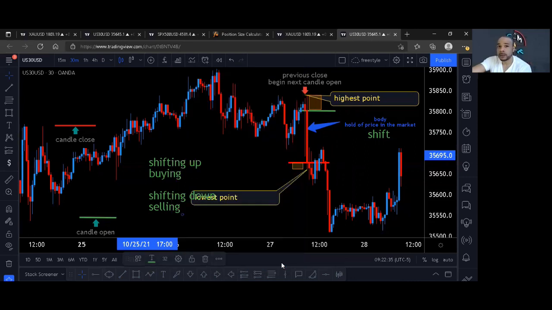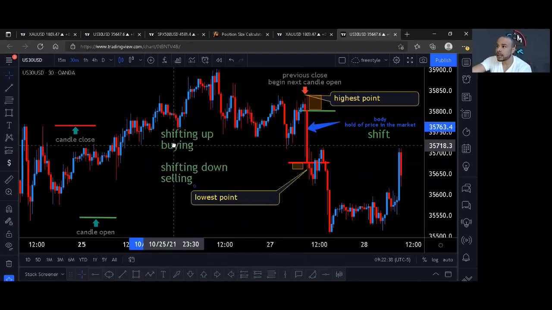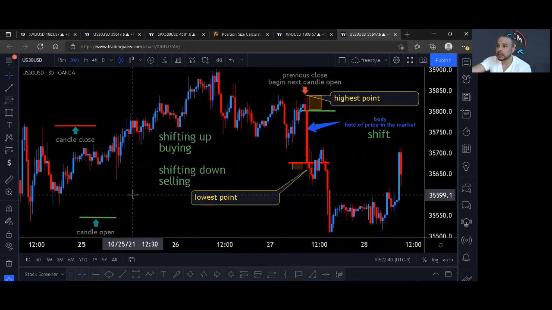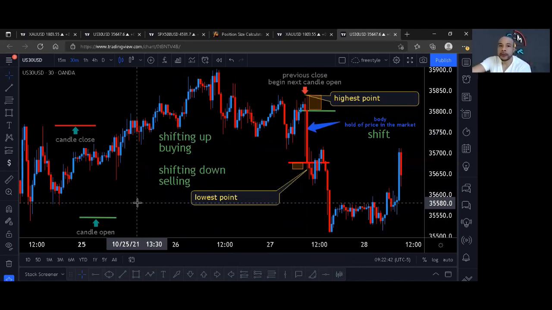Super simple, ladies and gents. So many people make trading hard. It does not have to be. They make it complicated by trying to teach all of these various things to make themselves sound intelligent or like they know what they're talking about. You don't need to know all of that. All we looked at were the basics on candles.